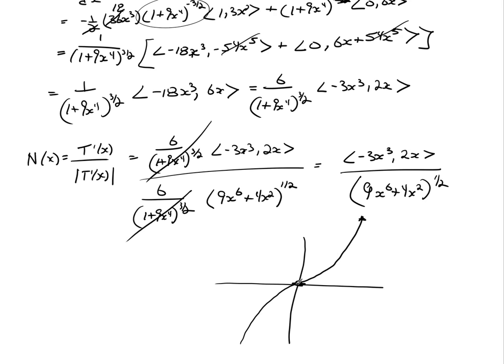And we already said that the curvature is 0 here. So what's going to happen when I put in x equals 0? I get the 0 vector divided by something that's undefined. So the principal unit normal vector doesn't exist. If there's some kind of constant here, it would still be the 0 vector. So it doesn't exist, which makes sense.